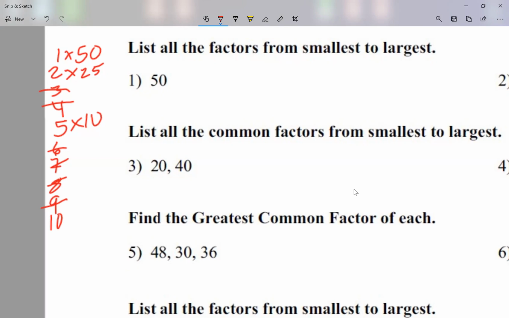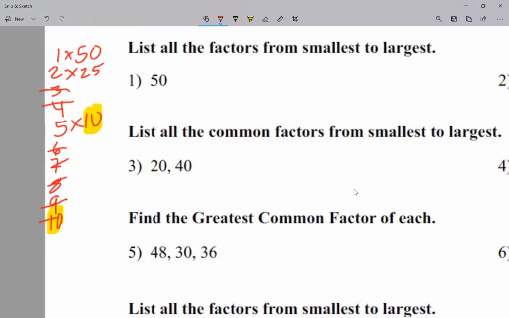Once again, on my list on the left, starting at 1, I'm going to go 1, 2, 3, 4, 5, all the way until a number is already on my list. When I say it's already on my list, right, 10, I already have it here. So this 10 doesn't work.